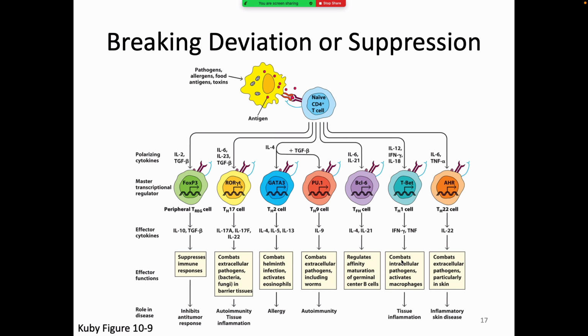And we usually will generate the cytokines to polarize those T cells into the good kind of helper T cells. That's clonal deviation. We're basically pushing the cells away from being the bad kind.